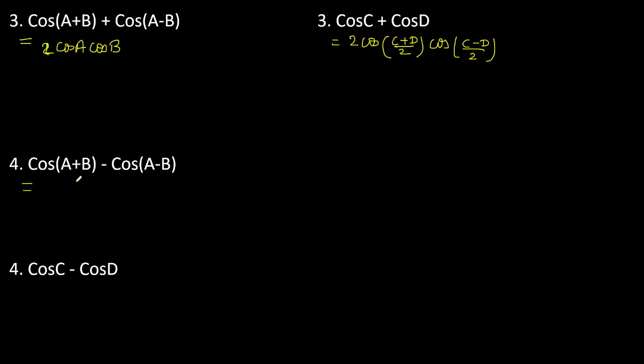Cos A plus B minus cos A minus B, we will have 2 sin A sin B, and here we have 2 sin C plus D by 2 sin C minus D by 2.